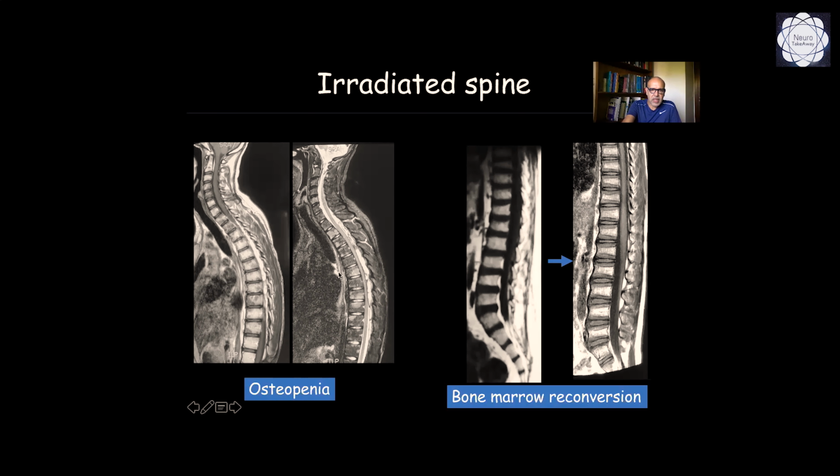We see lesions that may be active or not, but in the background of the spine, you see this diffuse hyperintensity on T1 and hypointensity on STIR, which represent the infiltration with yellow bone marrow, and these patients are vulnerable to develop fractures and deformities.